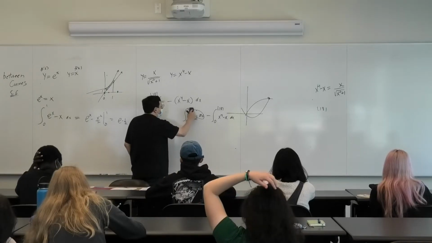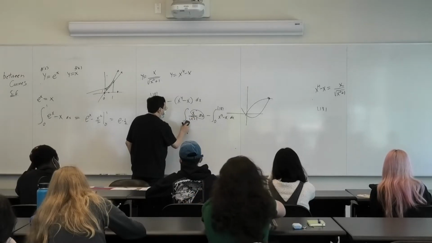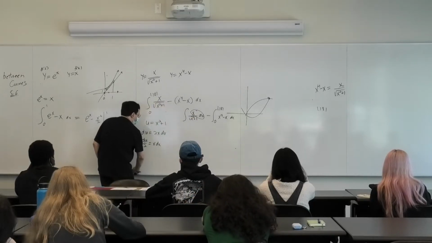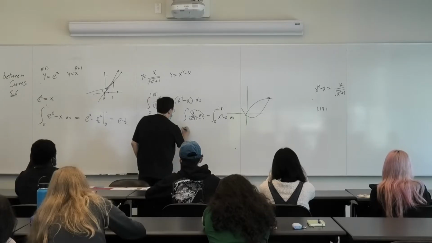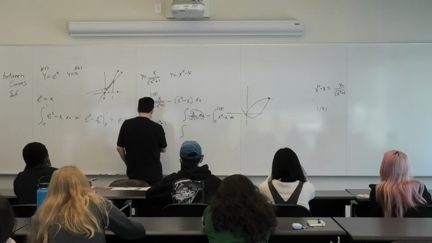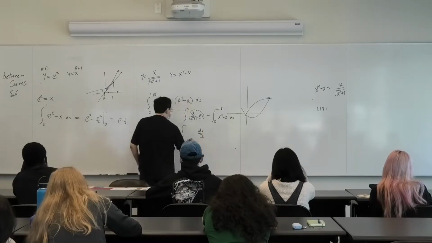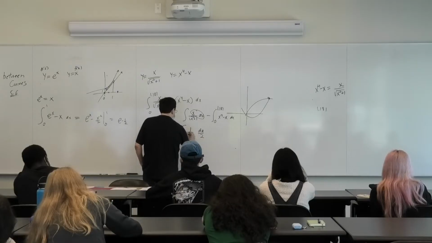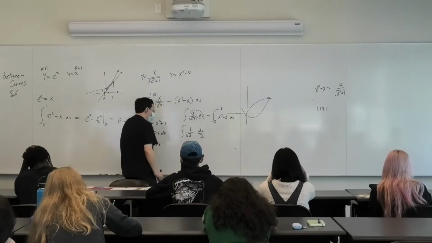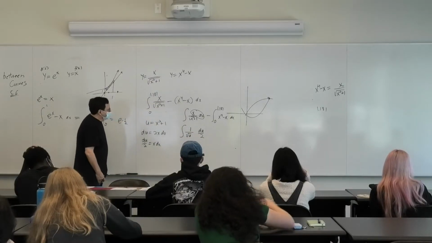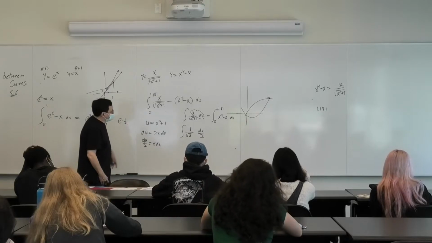I'm going to erase these for right now because these are with respect to x, and we're going to switch this over to u. So this becomes what? It becomes du over 2, 1 over the square root of u. All right.